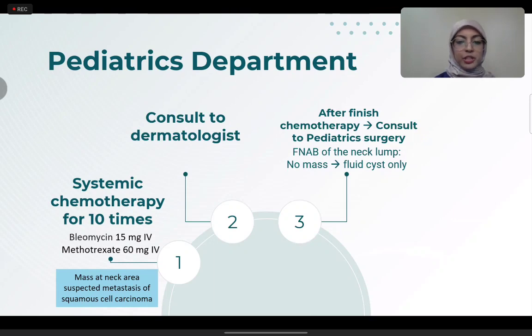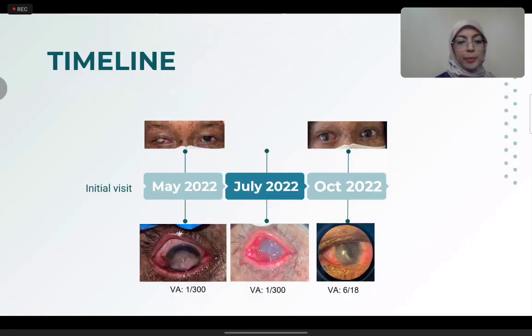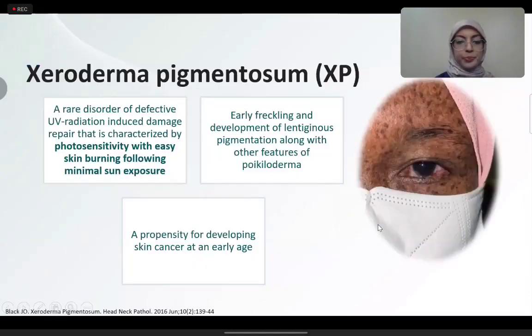And after finishing the chemotherapy, FNAB was performed and no mass, only fluid cysts showed. And this is the timeline of the patient. So we can see at the initial visit, the visual acuity was 1/300 or hand movement. And this is 3 months post-operatively.